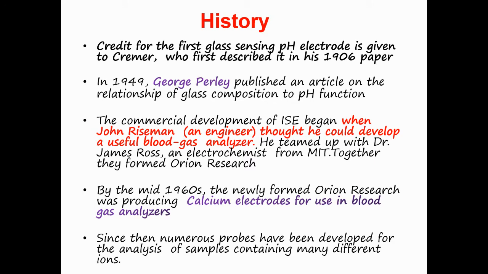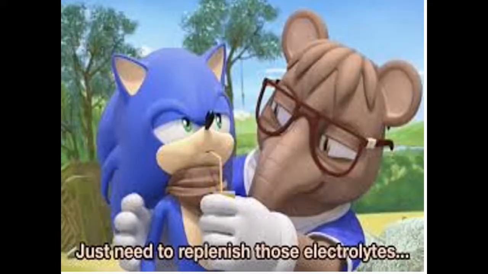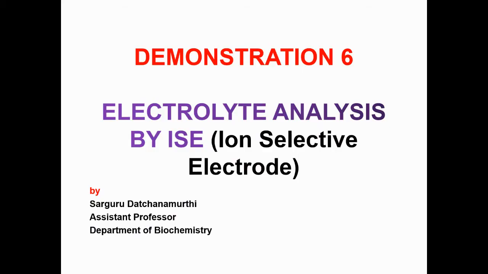The third one is the most important one: the commercial development of ISE. Once you hear the name, that is why in the initial stage we gave the method as ISE.